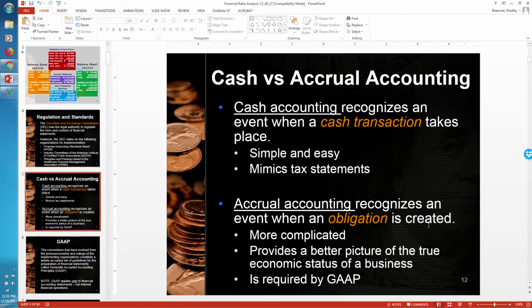Okay, and with accrual accounting, it's often considered to be more complicated, but it really provides us a better picture of the true economic status of a business, because we cannot recognize a revenue per se until, let me say this a different way. Basically, the expenses have to be matched up with the revenues as they come in the door. Okay, so whenever we receive a revenue, we also have to then recognize what expenses, to the maximum extent possible, have gone into actually generating that revenue.